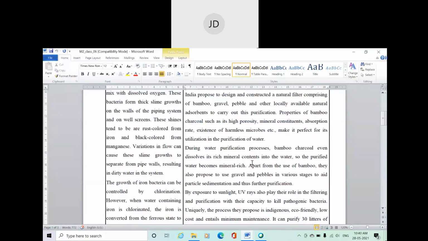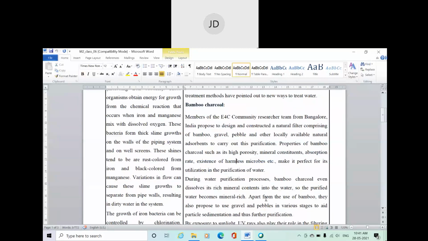The water coming out of the filter system is mineral rich, with minerals from the bamboo charcoal. This is the advantage of bamboo charcoal, so it's better to remember it.